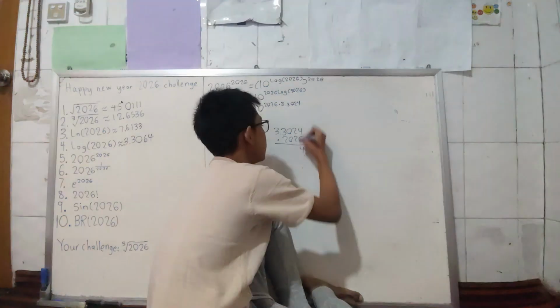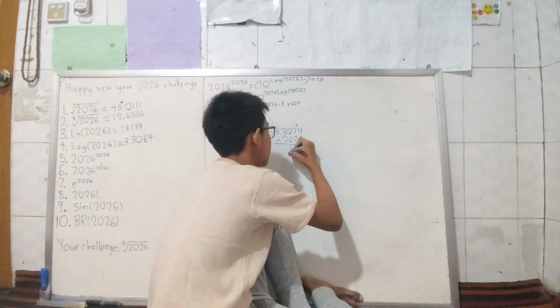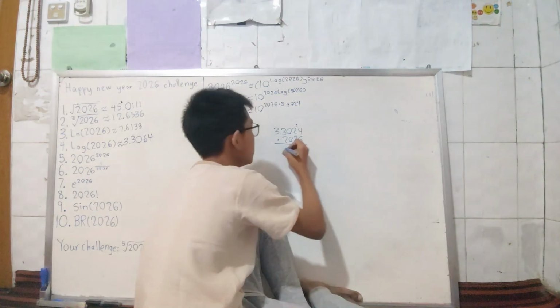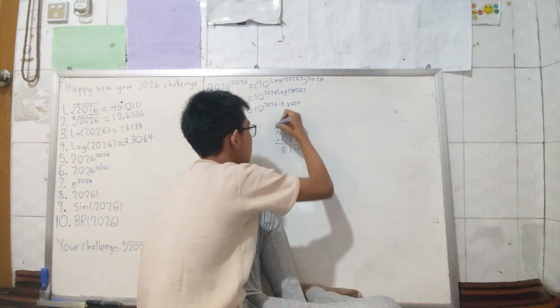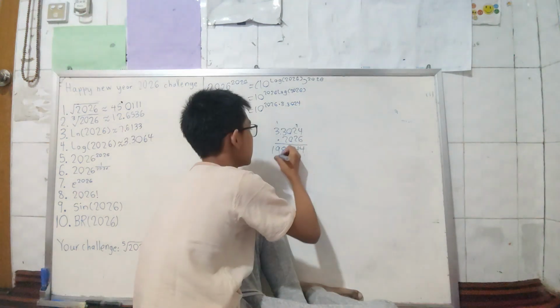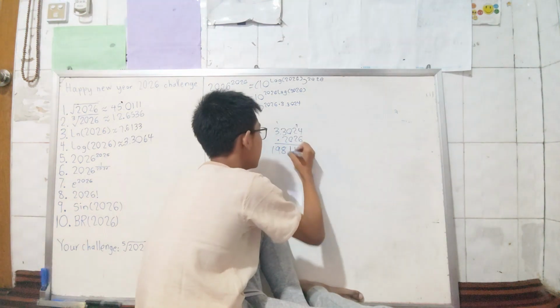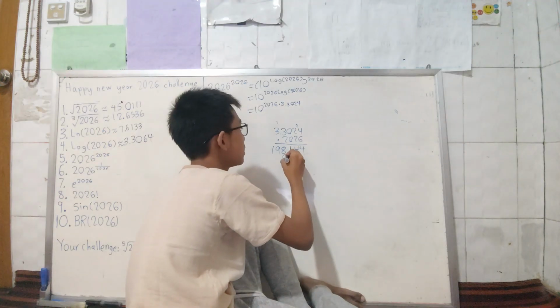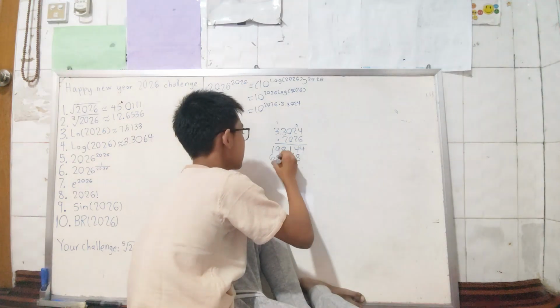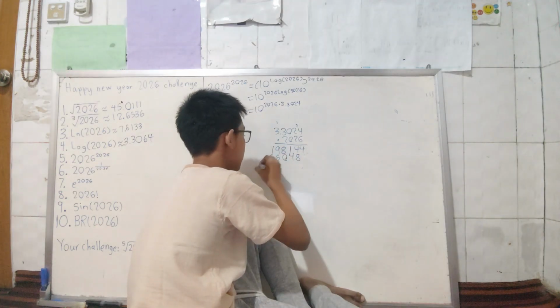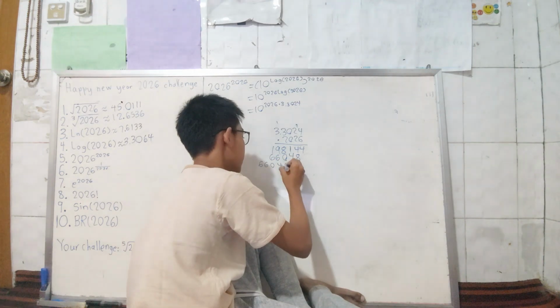So that's going to be 24. This is going to be 12. That's going to be 14, 18, 19, 48, 0 6 6 6 6 0 4 8.